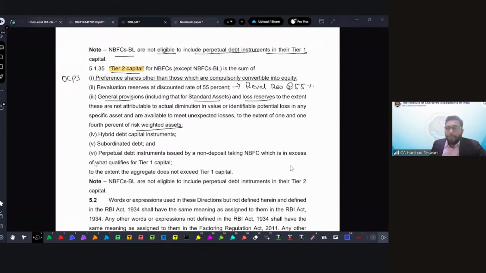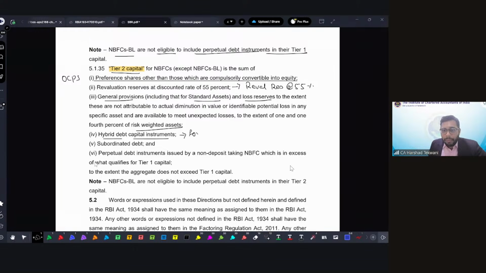General provisions, basically, we make provisions in the company: provision for loss assets, provision for standard assets, a provision for loss and reduction in value of any asset or investment. That is the one. Then we have a hybrid debt capital instrument. Hybrid means they are also debt, they are also capital. For example, convertible bonds, convertible debentures.